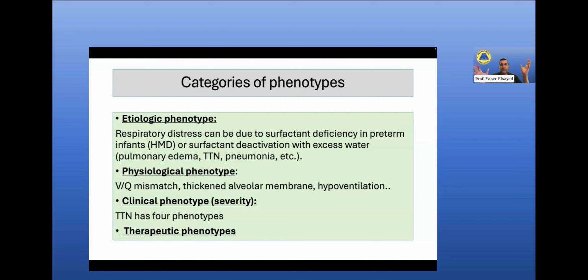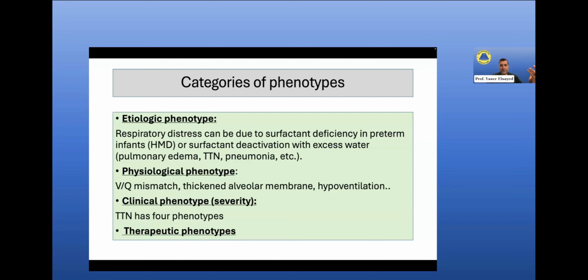And then the clinical phenotype is a broader description of the severity. TTN, for example, has 4 phenotypes: the classic TTN, a moderate TTN, a severe TTN, in which we need to give surfactant, and a malignant TTN, when it is associated with pulmonary hypertension. So these are the clinical phenotypes.